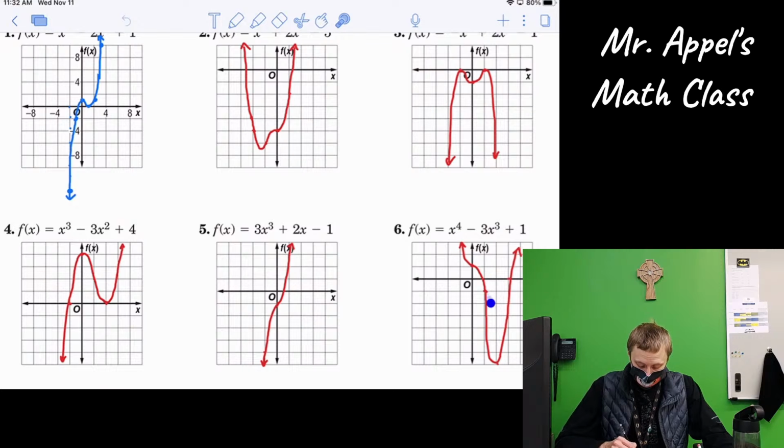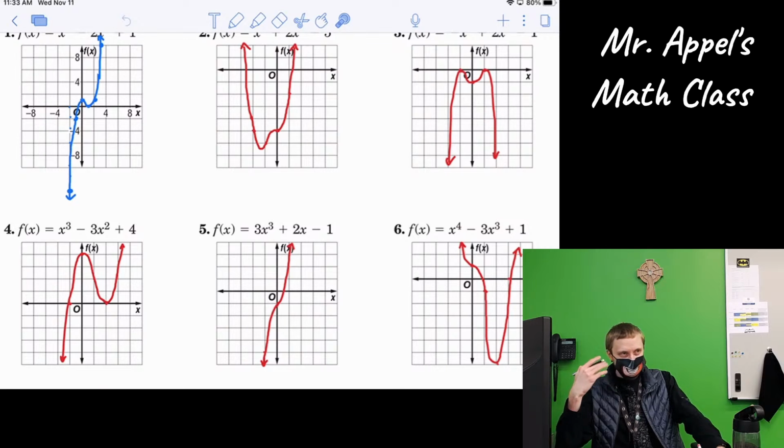And then number 6, I think, is pretty straightforward. Again, you're looking for this smooth curve here. I know it's hard to know how it's going to connect if it's just going to be like a straight line and curve up like this. Okay?